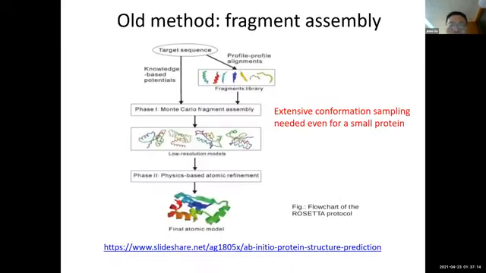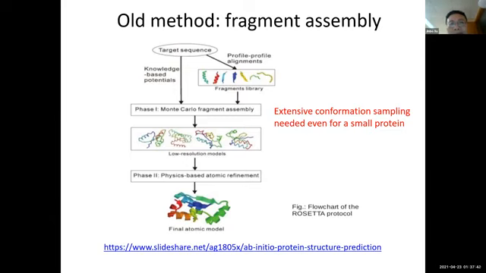So here is a very popular old method for template-free modeling. This method is called fragment assembling. This picture shows you the rough idea of this method. Basically, given a protein sequence under prediction, we cut the sequence into some short segments. Each short segment has, say, maybe 9 or 11 residues.